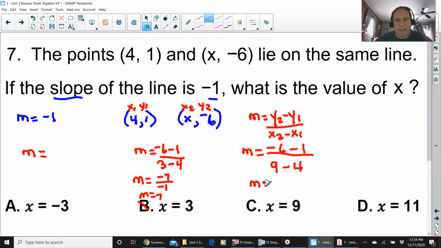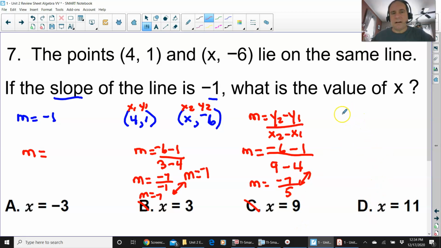So let's see. Negative 7 over 5? That's not negative 1. The slope has to be negative 1. It's not here, and it's not here. So this is out. Let's go over to D.